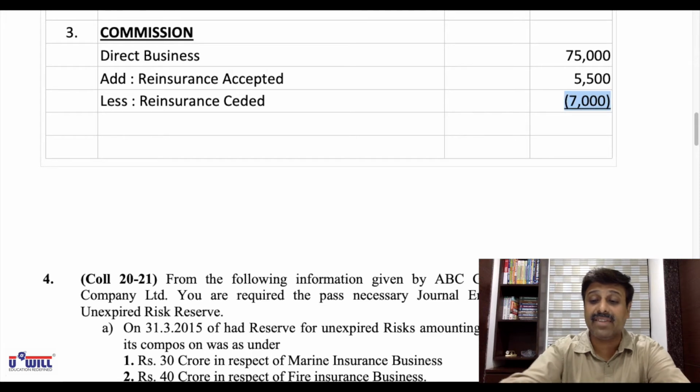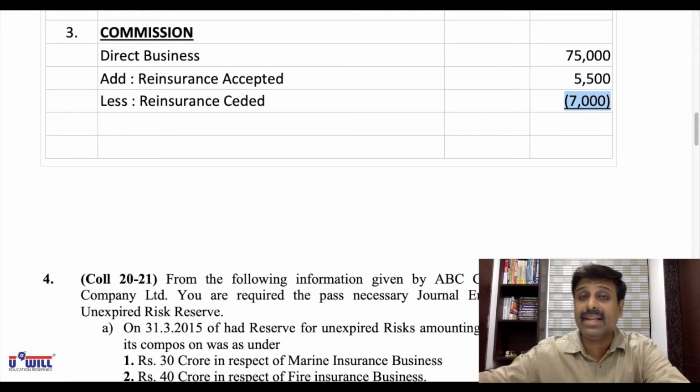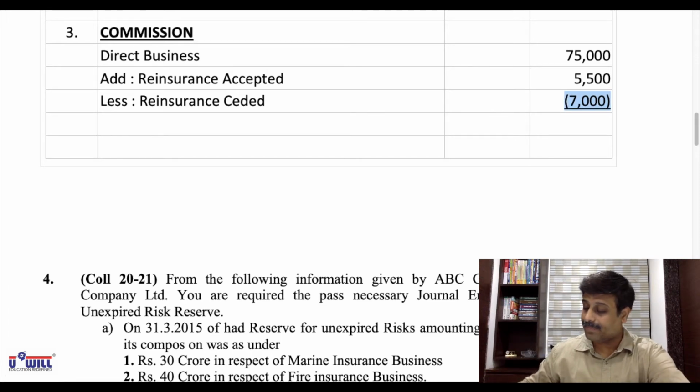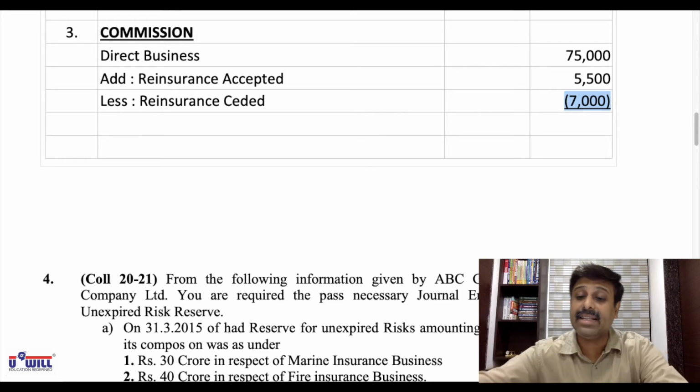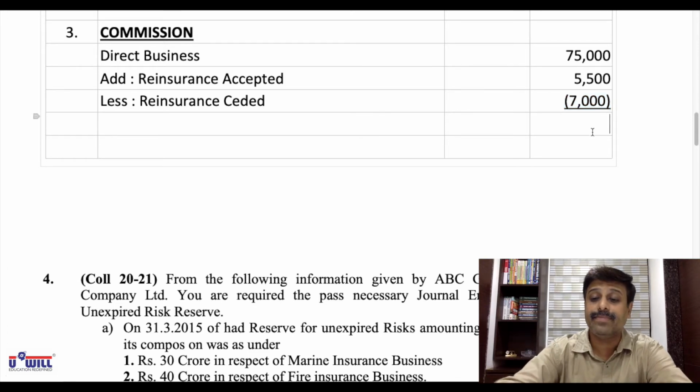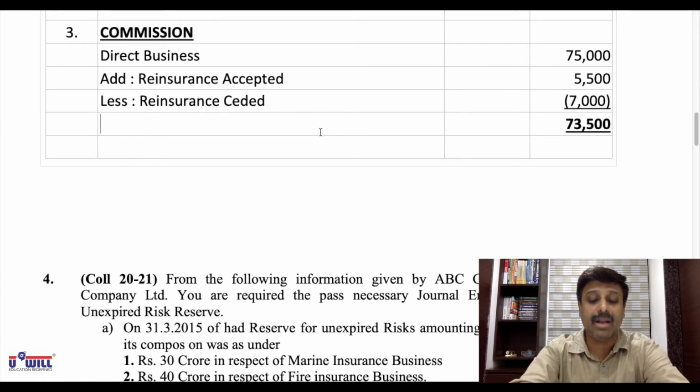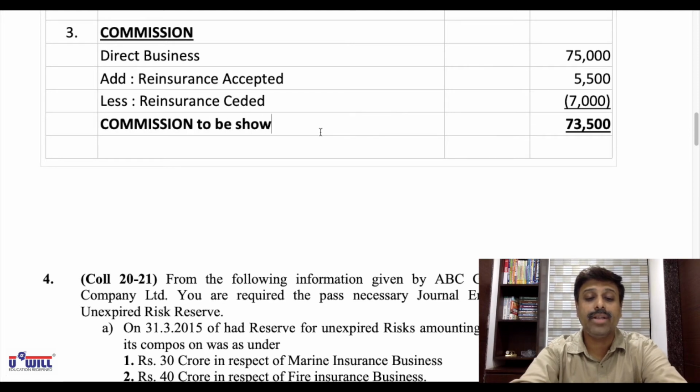So 75,000 plus 5,500 minus 7,000 is 73,500. 73,500 will be the amount of commission to be shown in the revenue account.